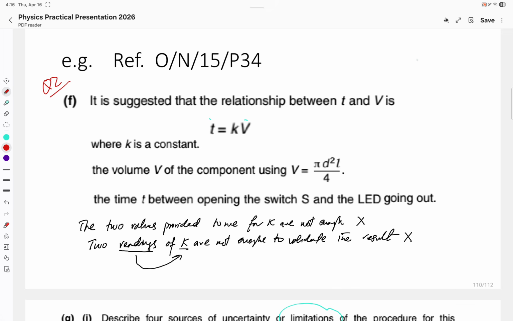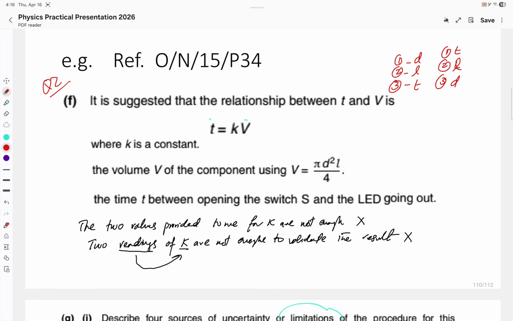Let's say, did you measure D first, then L, then T, or T first? Whatever the sequential order, maybe time in the first position, then L, and then the other.